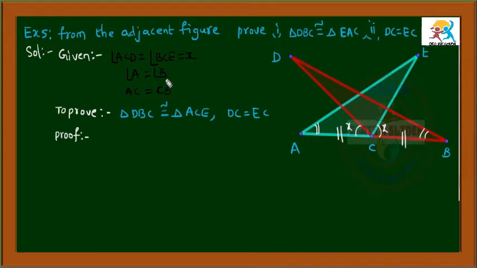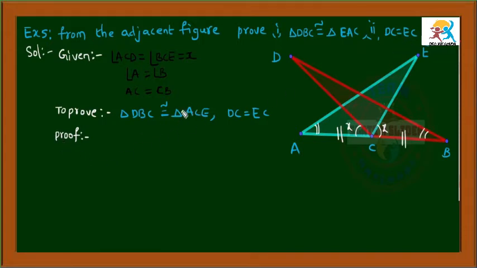So this is written as given, and angle ACD is x and angle ECB is x, that is written in given. We have to prove triangle DBC is congruent to triangle EAC and DC is equal to EC. So let us go through the proof.